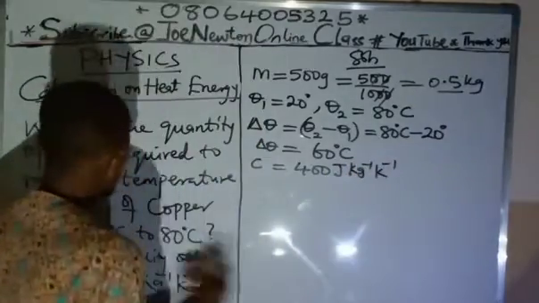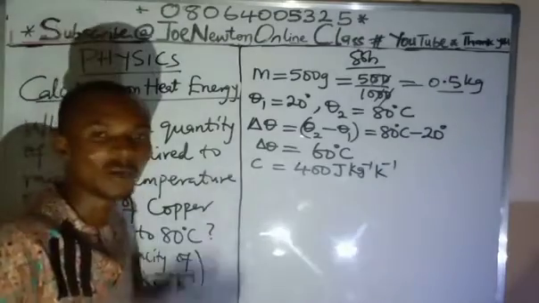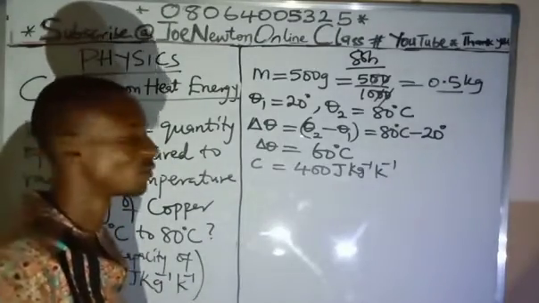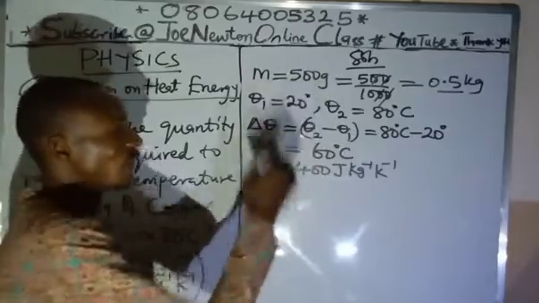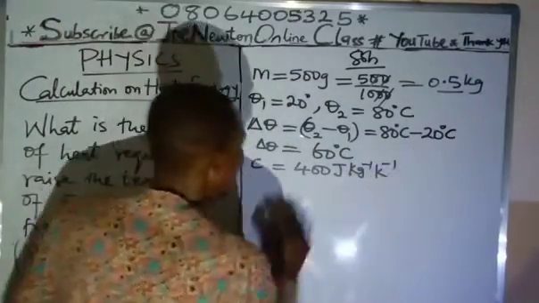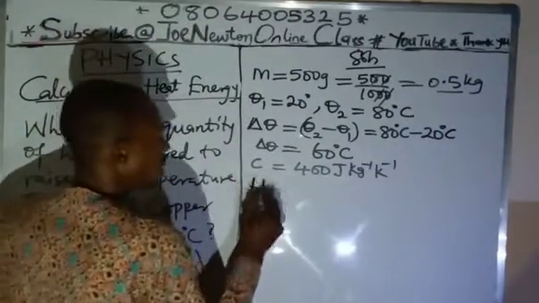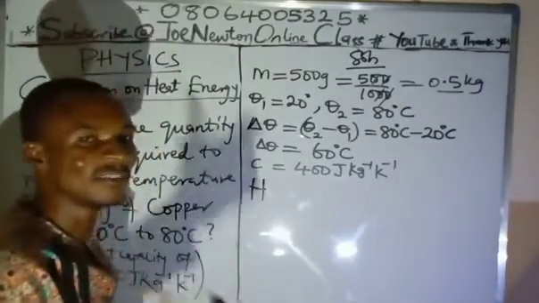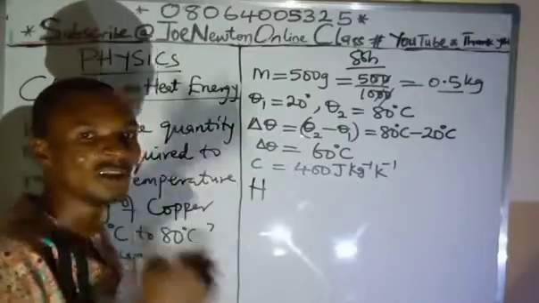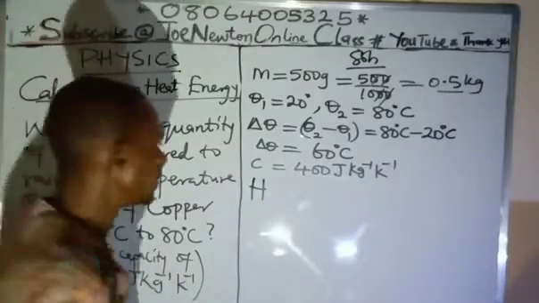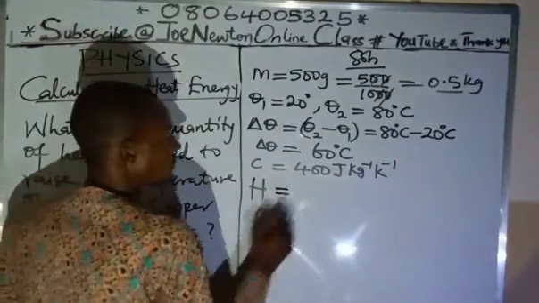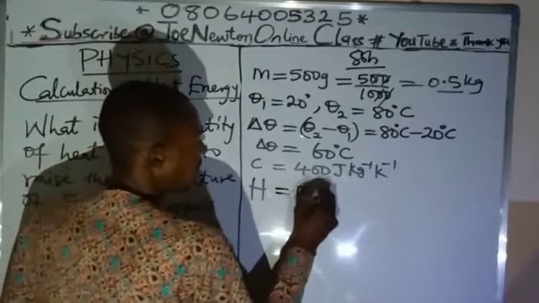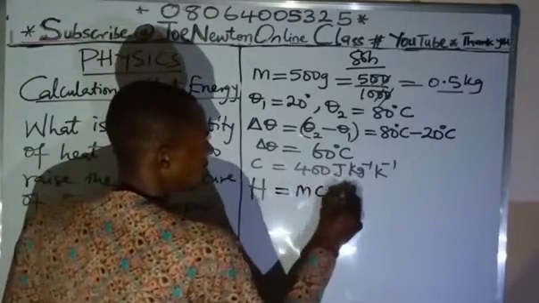Now, for us to find the quantity of heat energy required to raise the temperature of that copper from 20 to 80 degrees Celsius, it will be H. We can use H or Q as the case may be. These are the symbols or letters we use to represent the quantity of heat energy. H is equal to mc delta theta.